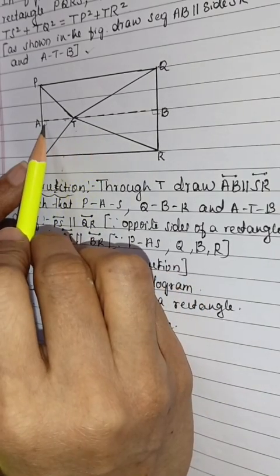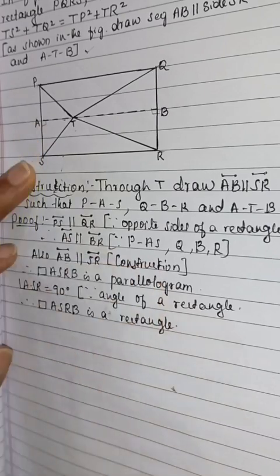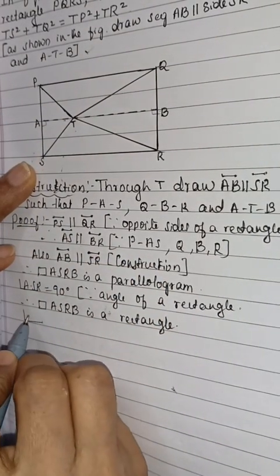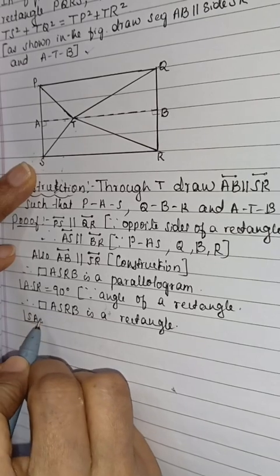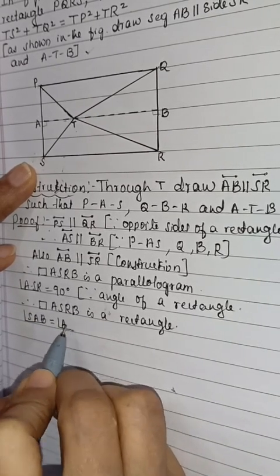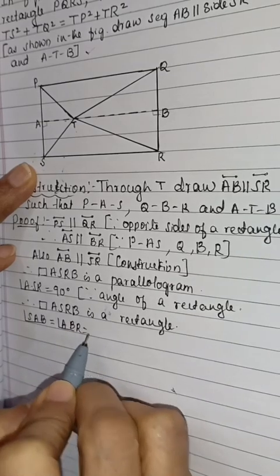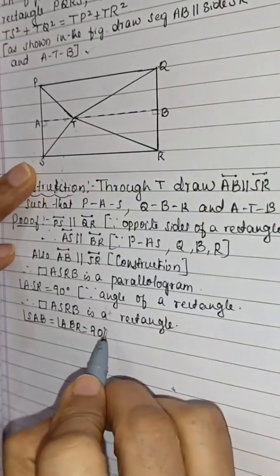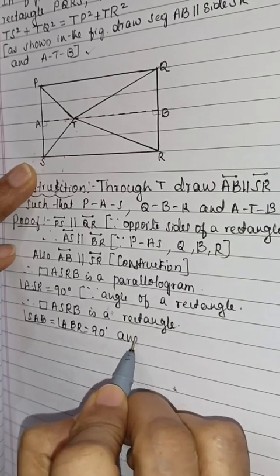Angles of a rectangle are 90 degrees. So angle SAB equals angle ABR equals 90 degrees because angles of a rectangle.